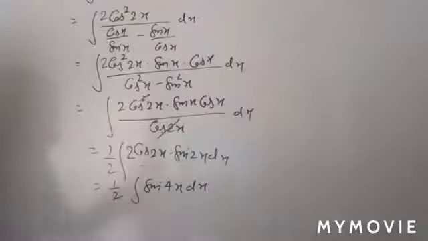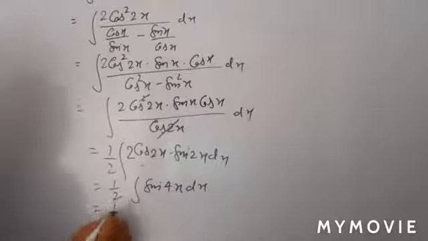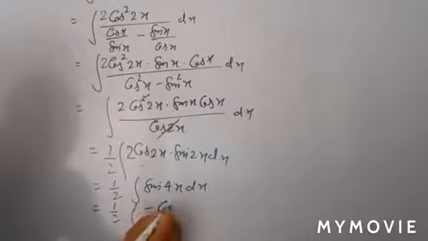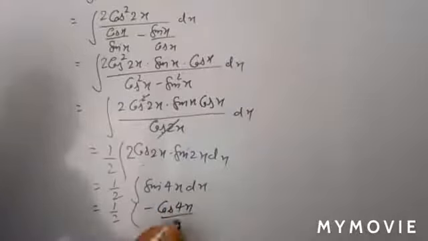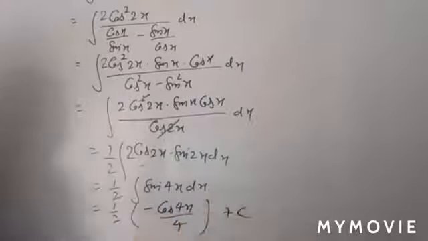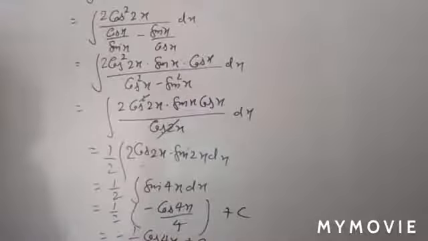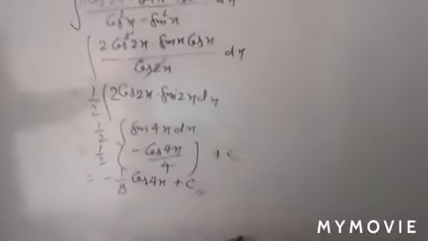I will tell you about that when I teach the inspection method. So in that case, 1 upon 2 into minus cos 4x divided by the coefficient of x plus c. So overall, you have minus 1 upon 8 cos 4x plus c as your final answer.